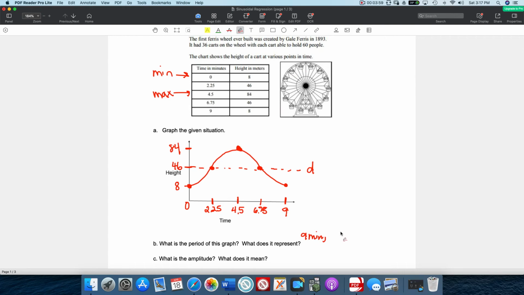So 9 minutes is the time. Okay, it's time because we're looking at the x-axis. So it's the time it will take a cart to go around the wheel 1 time.